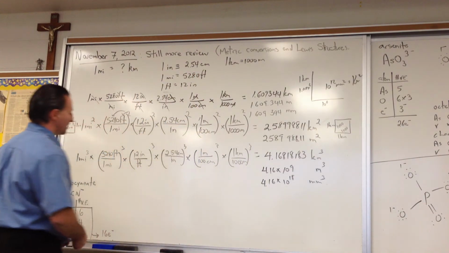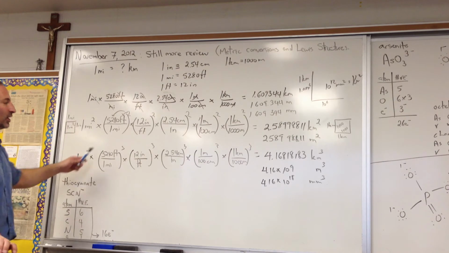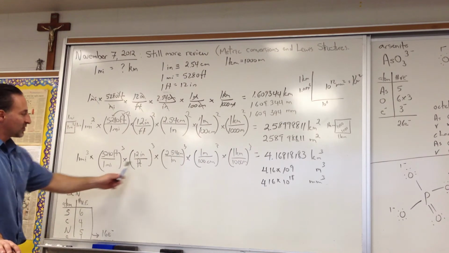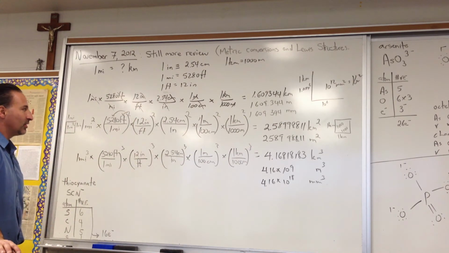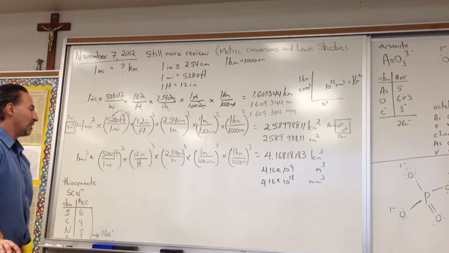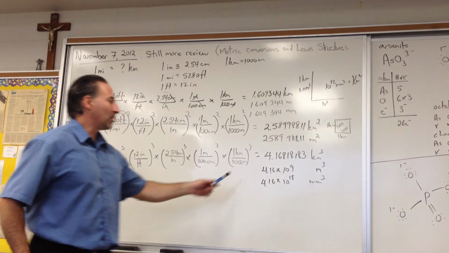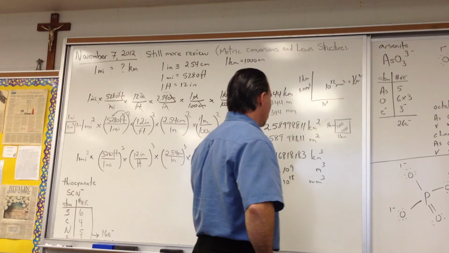The same thing applies if I want to convert from miles cubed to kilometers cubed. All the same conversion factors as with the linear conversion, except I raise each one to the power of 3. The result is 4.168 kilometers cubed.